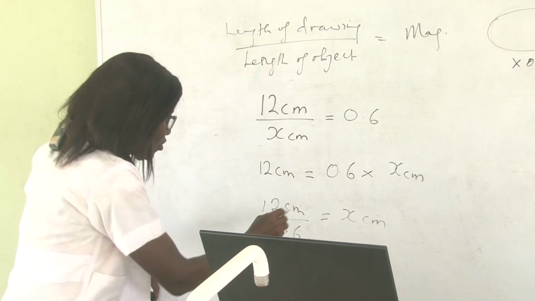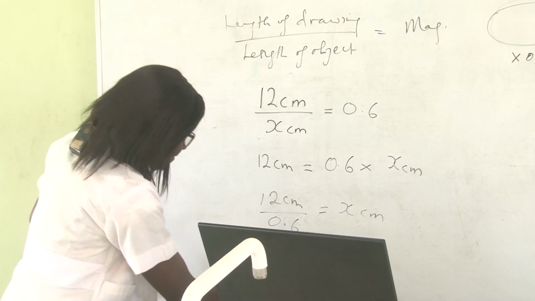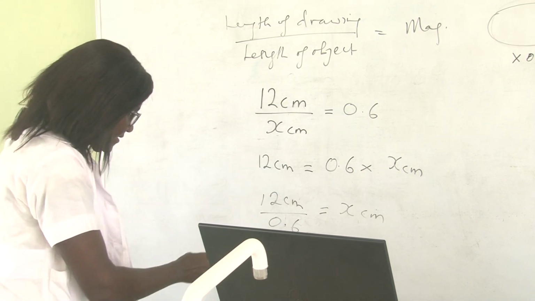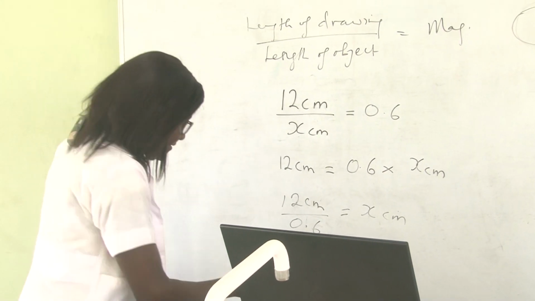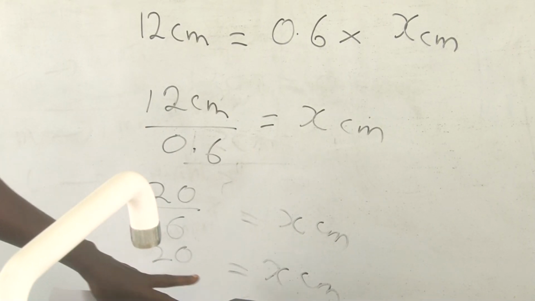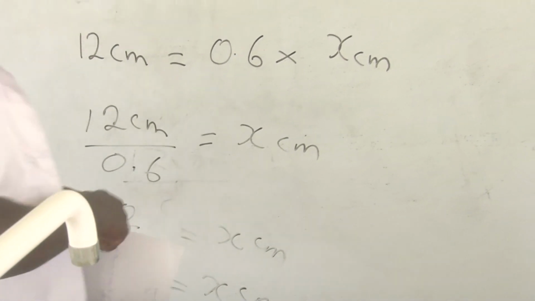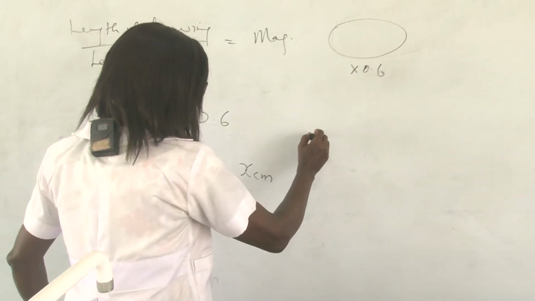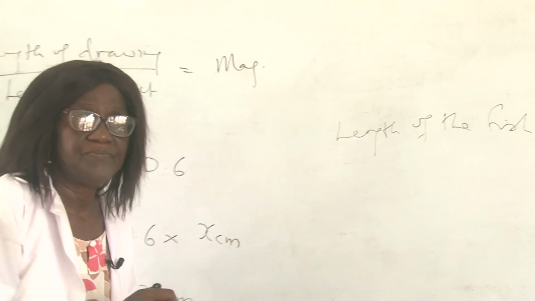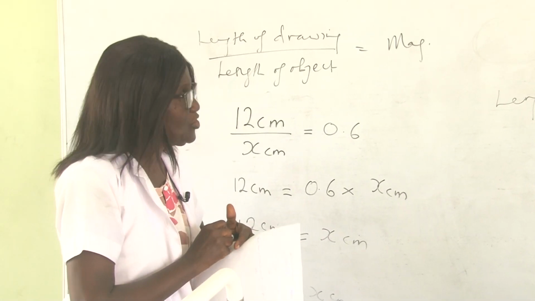We come here to have 120 over 6, which is x centimeters, and this gives us 20. So x is therefore 20 centimeters. The length of the fish is 20 centimeters. So the student showed working.